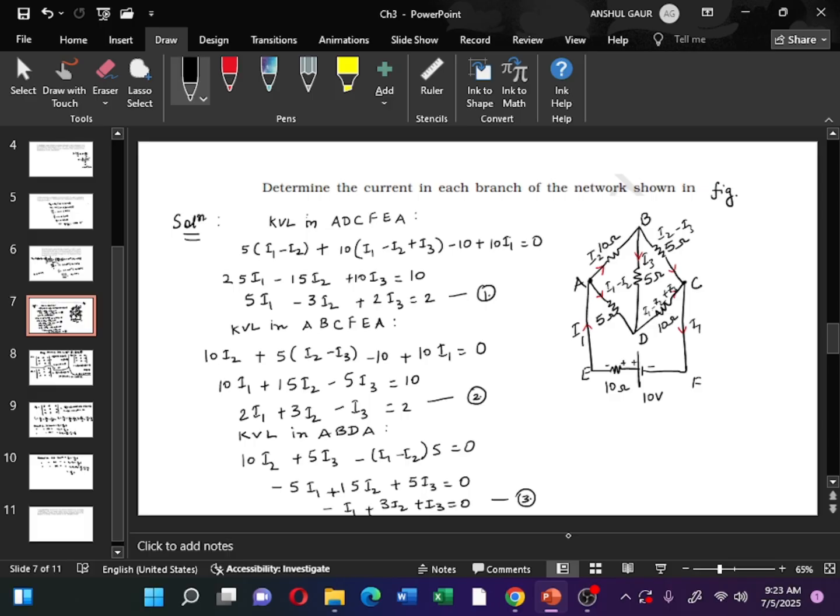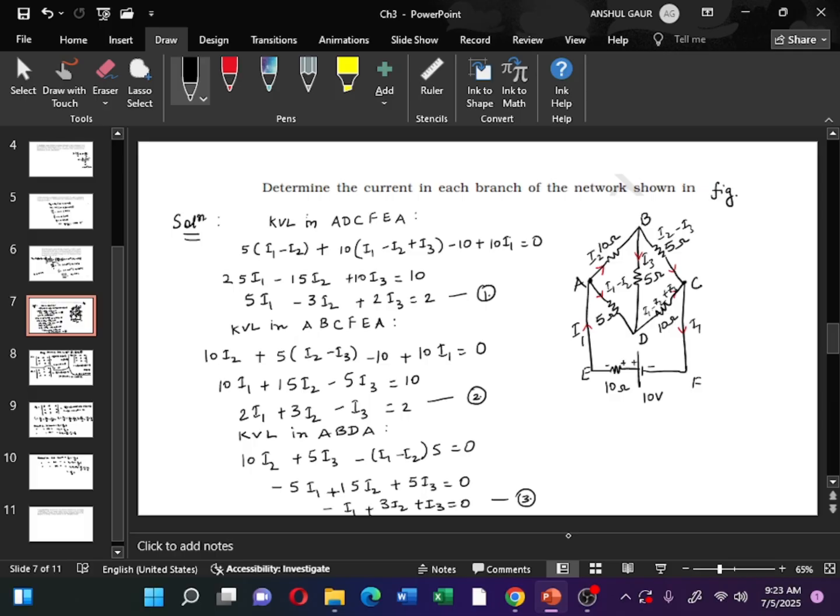Now applying KVL in the loop A, B, D, A. For this particular loop, there is no energy source, no battery. So for branch AB, the voltage term is 10 I2. Then for branch BD, the voltage term is 5 I3.